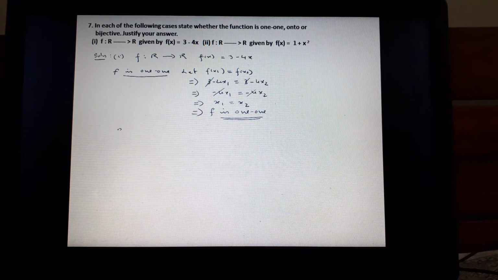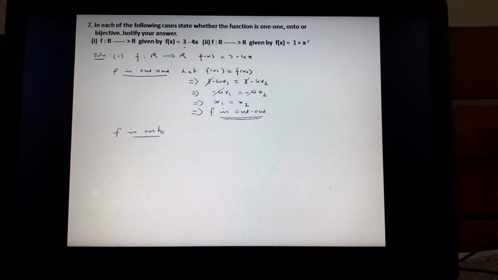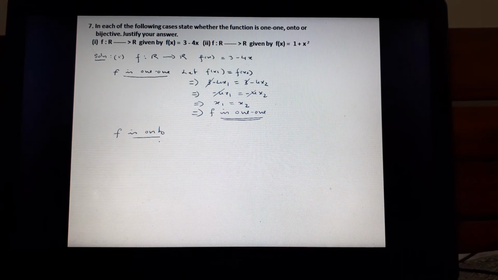Next we will prove f is onto. Remember, any real function which is linear like this, ax plus b, is always 1-1 and onto. So how to prove this one? Let y be in R, that means in the codomain here. Consider f of x equal to y.